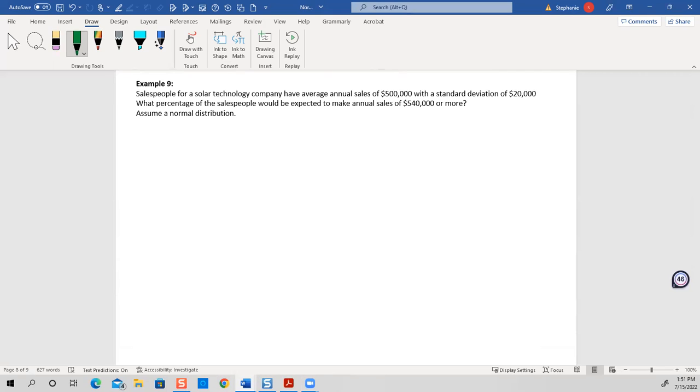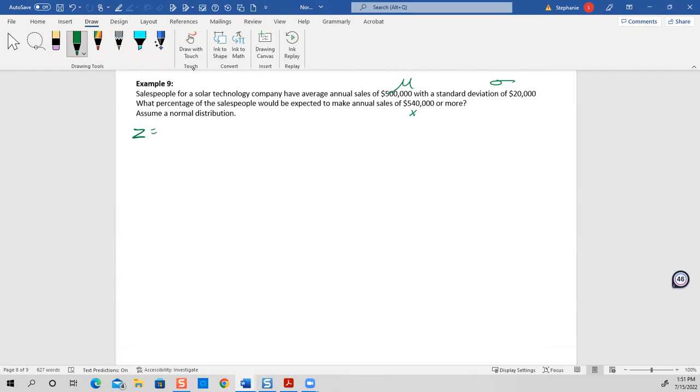Assume a normal distribution. So what we're going to have to do here first is mark what everything is. This is my x, this is my mu, and this is my standard deviation.